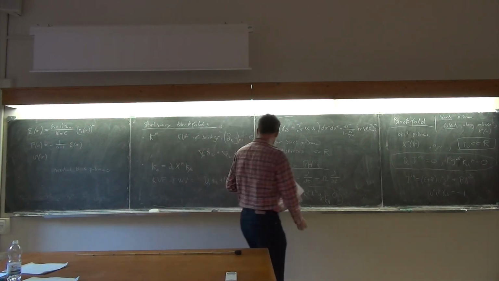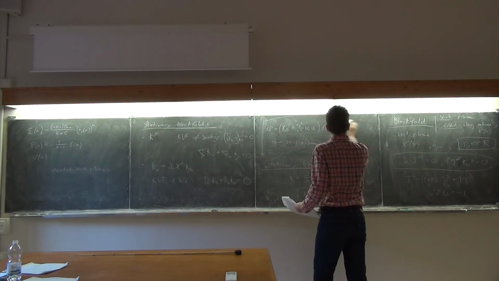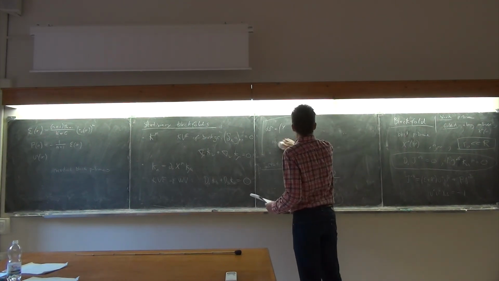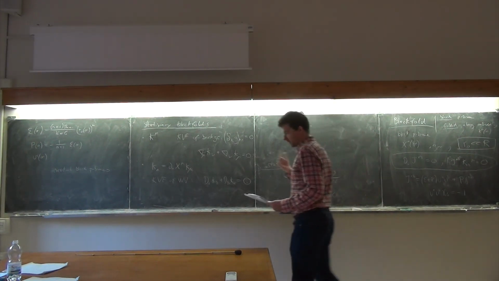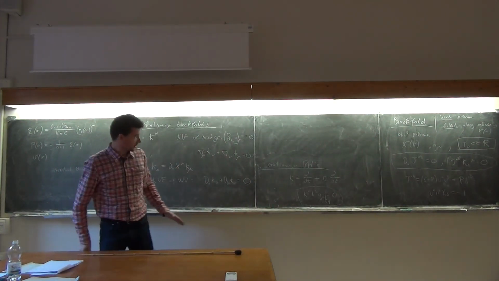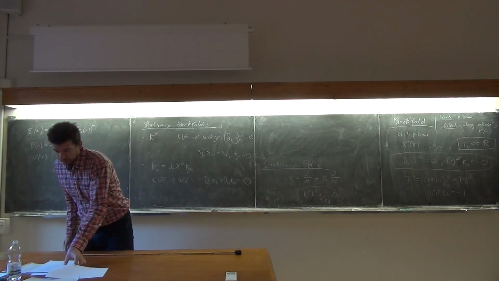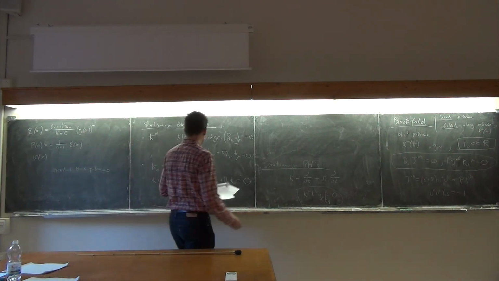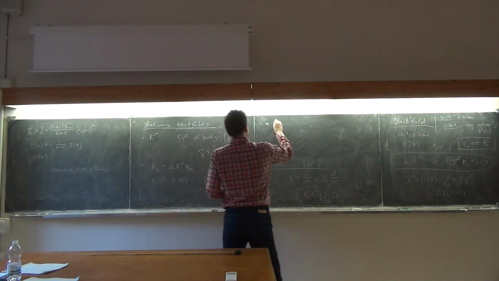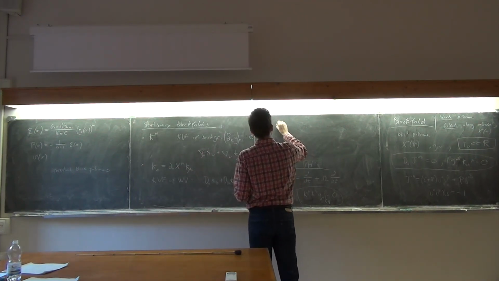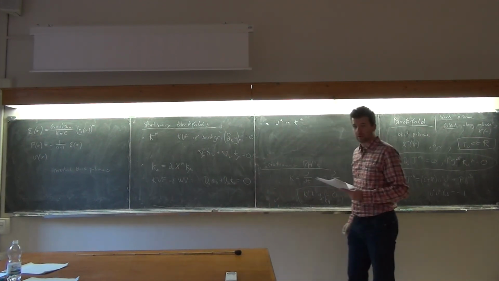But that's not enough. In general, there could be more than one Killing vector field that obeys this. So we need a restriction that should somehow be related to this one. And that is that the velocity field should be proportional to the induced Killing vector field.